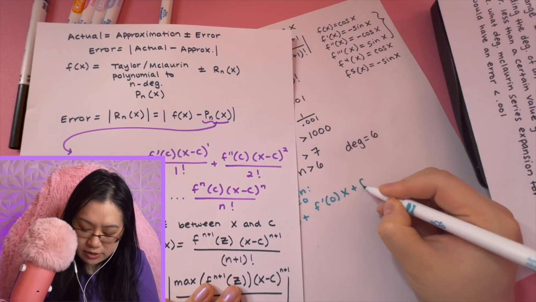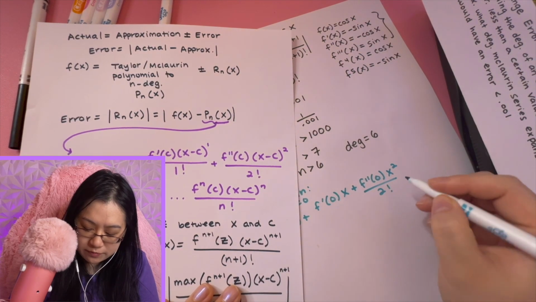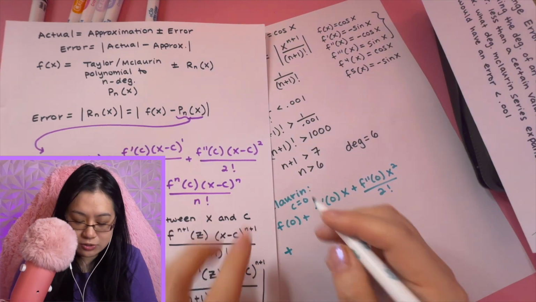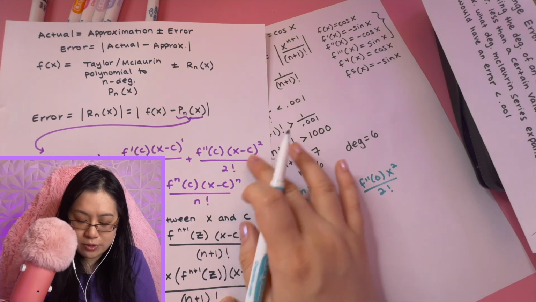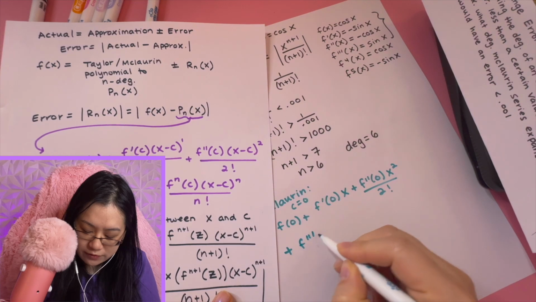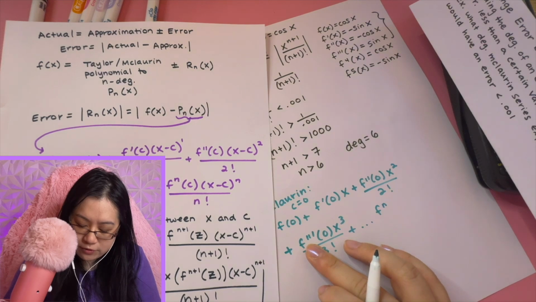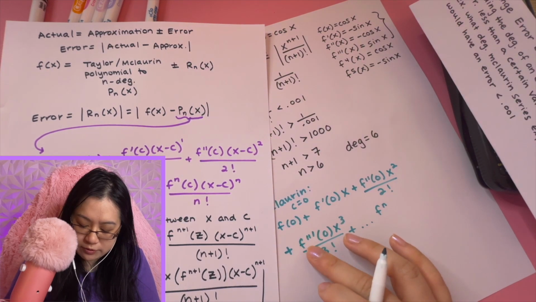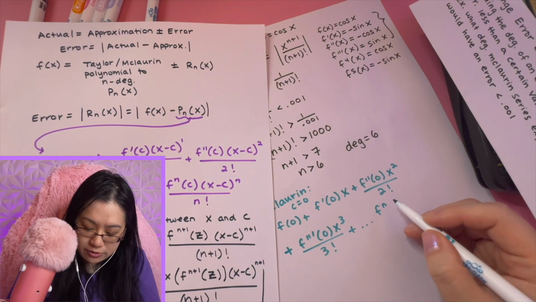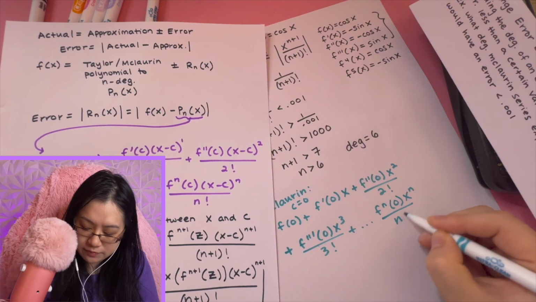Plus f double prime of 0, x squared over 2 factorial, plus f triple prime at 0, x cubed over 3 factorial, plus dot dot dot, nth derivative at 0, x to the n over n factorial.